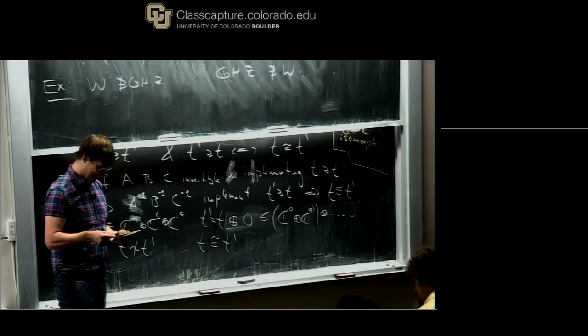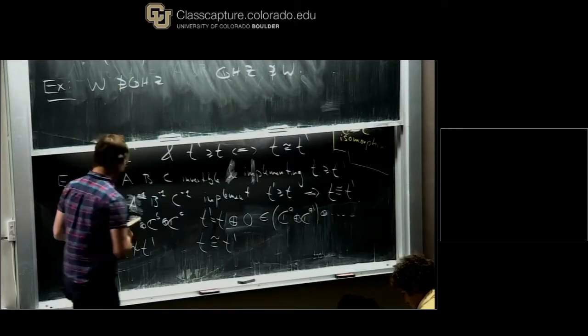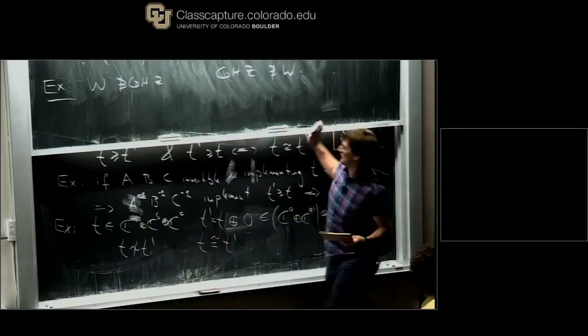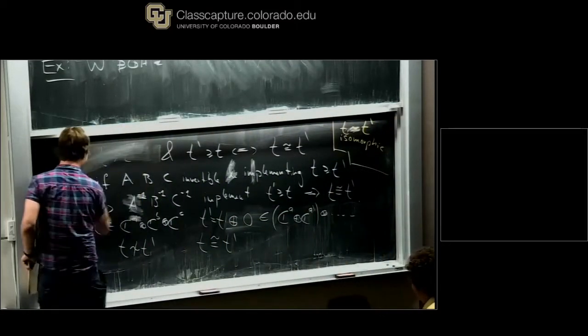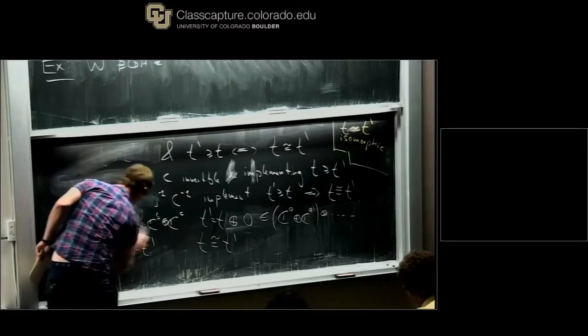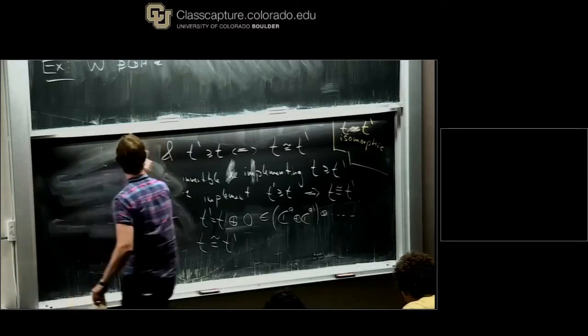Good. I want to give you another example. Graham has actually been asking for this example just before. You want to make sure that the surprise arrives. Let's see if I can surprise you.